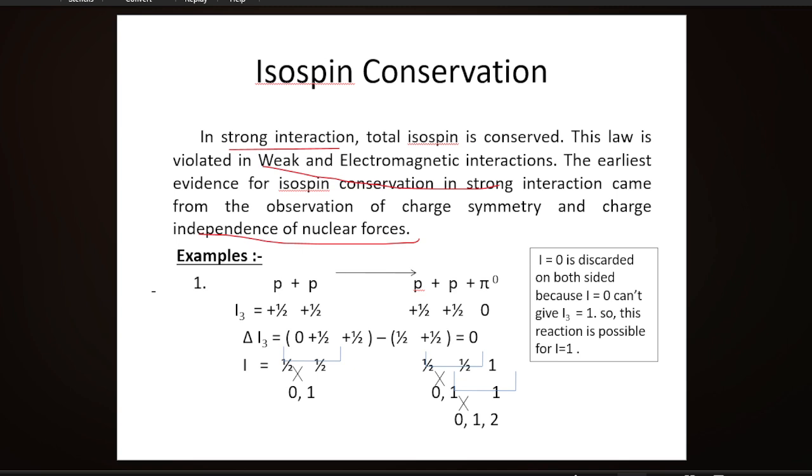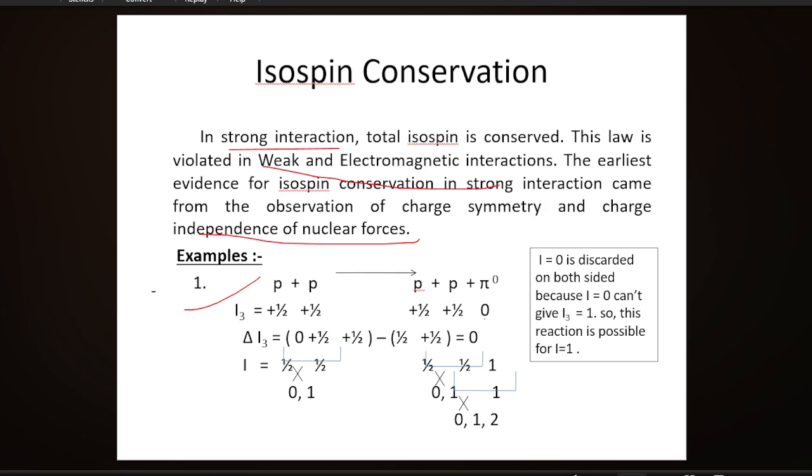Here is a numerical problem. Proton plus proton collide to give us proton, proton and pion. We know the value of I3 here is plus 1/2 plus 1/2. Here it is also plus 1/2 plus 1/2, and for the pion its value is 0.